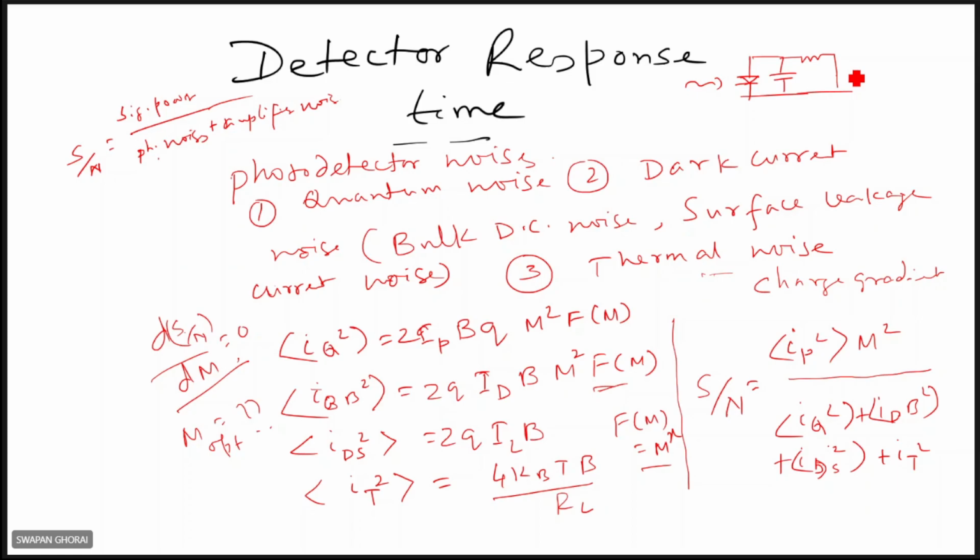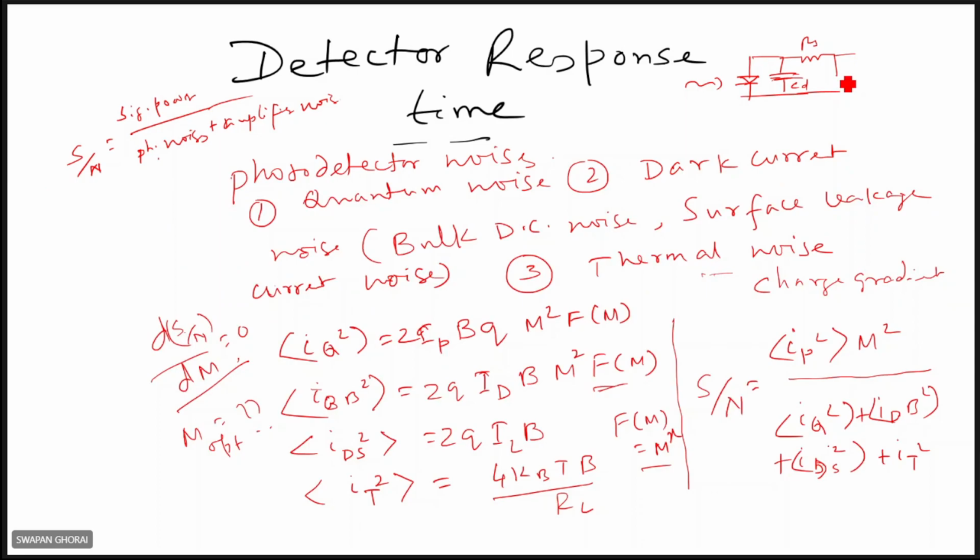In the equivalent circuit of the photodetector receiver, this is the photodiode capacitance, this is the diode resistance. Next there will be a load resistance, and next there will be the amplifier resistance and amplifier capacitance. So these are to be there.